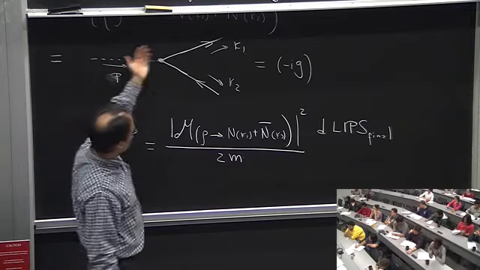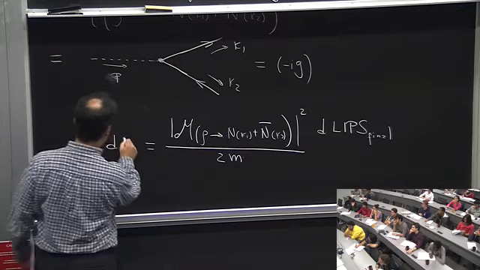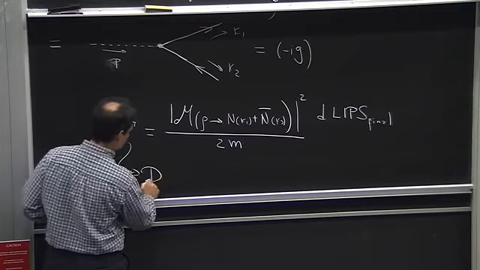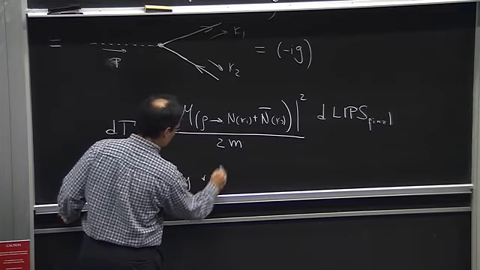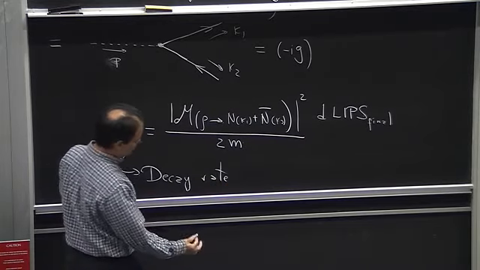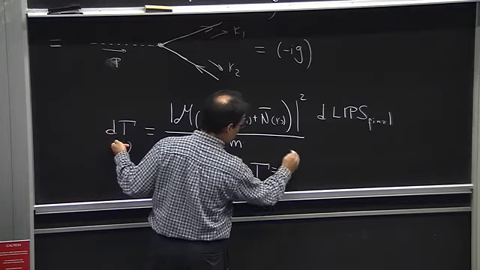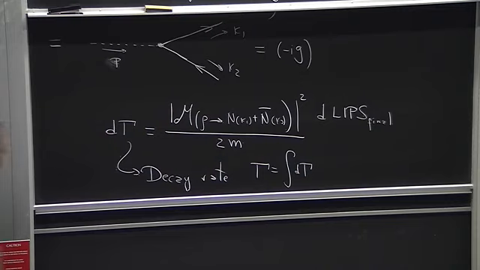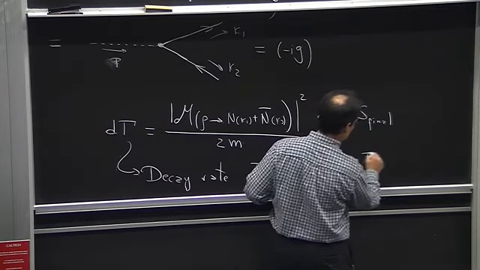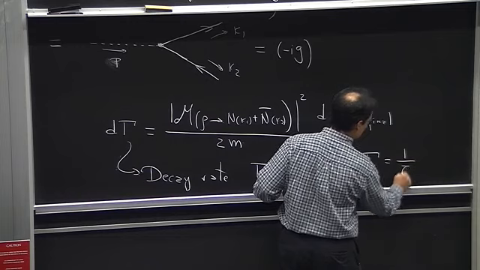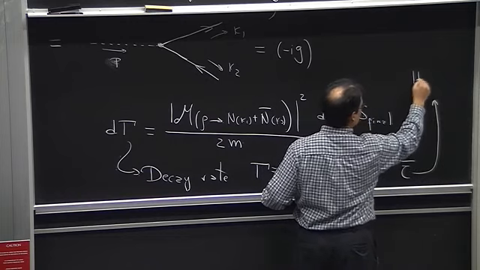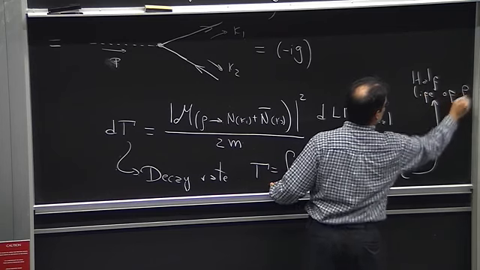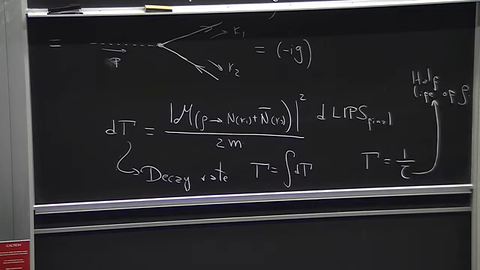What is the only sensible quantity that we could be computing with this? Well, it's called the decay rate. The decay rate is really the total integration of this. And this object is equal to 1 over tau, where this is the half-life of rho.